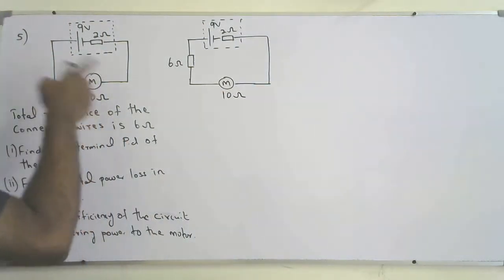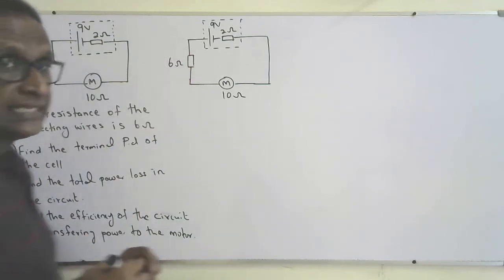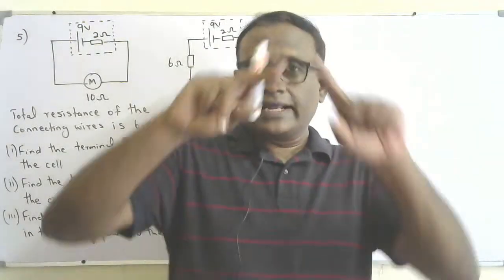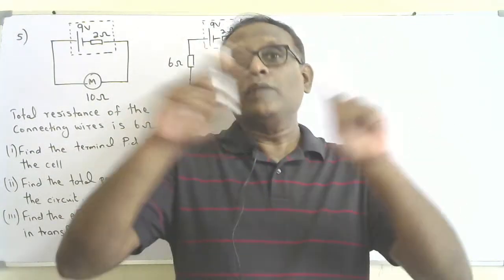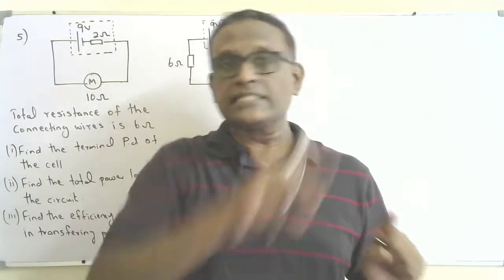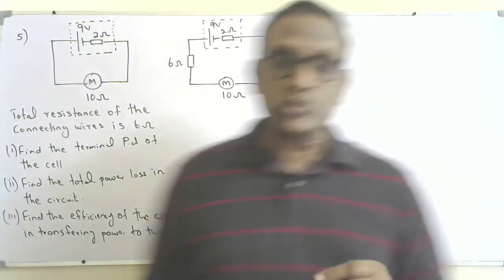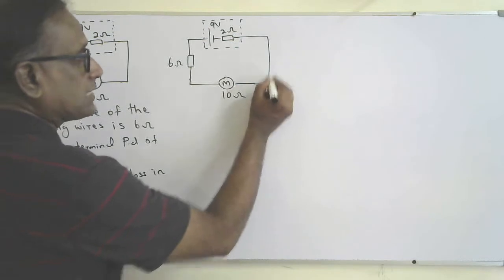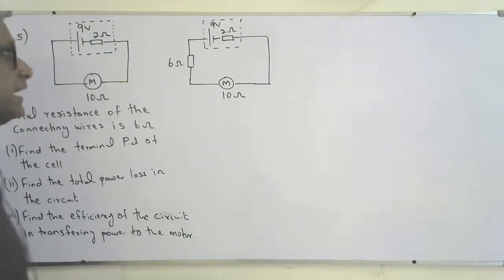The reason I put the resistance of the wires separately as a resistor is that it's in series. The total resistance of the wires will be in series with the resistance of the other components like the cell and the motor. So now I can imagine these connecting wires have no resistance, because I showed the resistance of the wires separately. Okay, now you know how to handle this type of question.